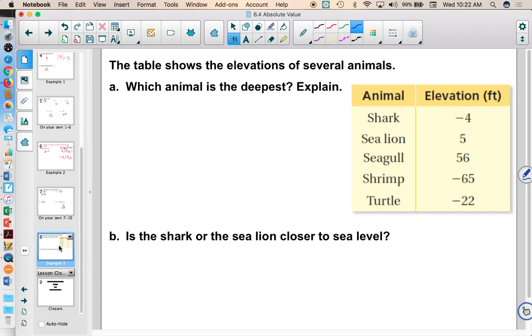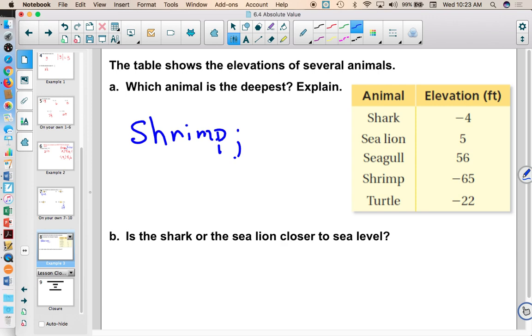All right, which animal is the deepest? Which one is it, Cole? The shrimp. Why, Cole? It says to explain. Because negative 65 is the least. It's like the deepest out of them all. Okay, you're on the right track, bud. You are so on the right track.